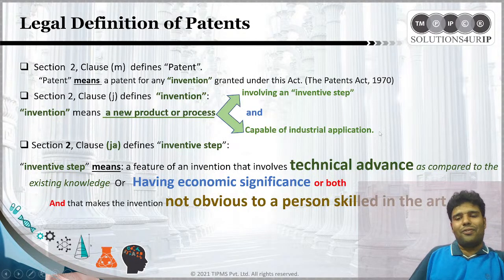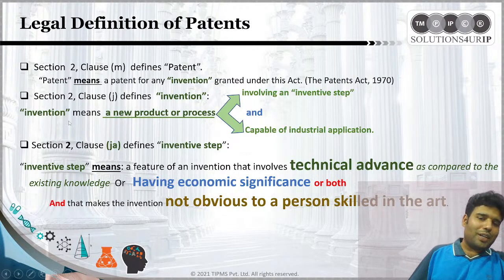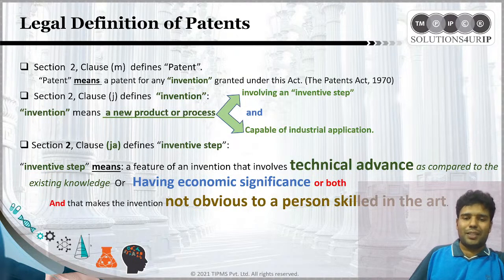See, there itself the patent eligibility criteria are incorporated in the Act. Invention means a new product or process involving an inventive step and capable of industrial application.